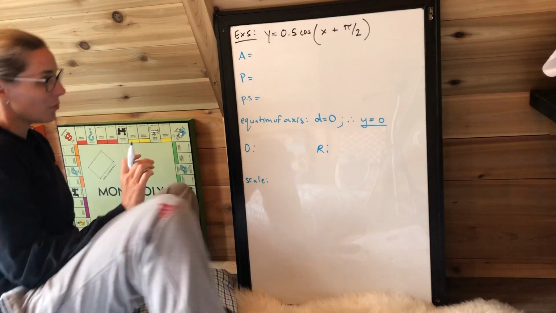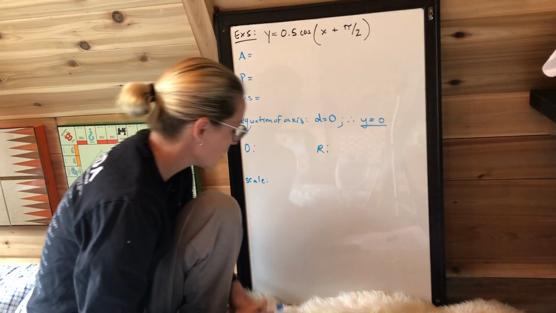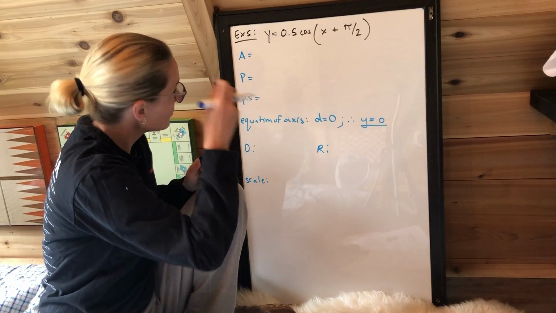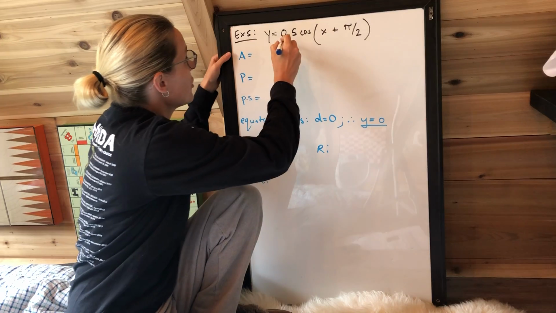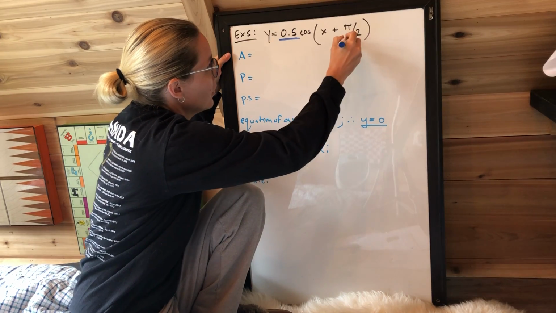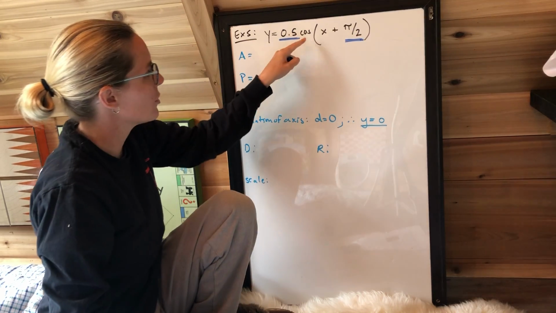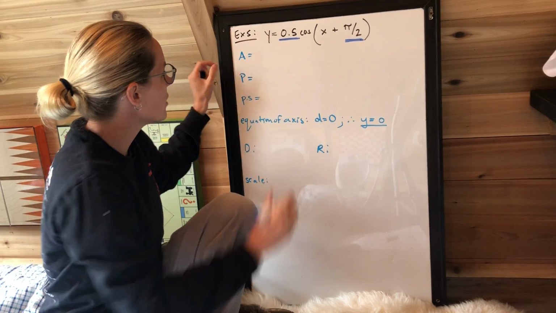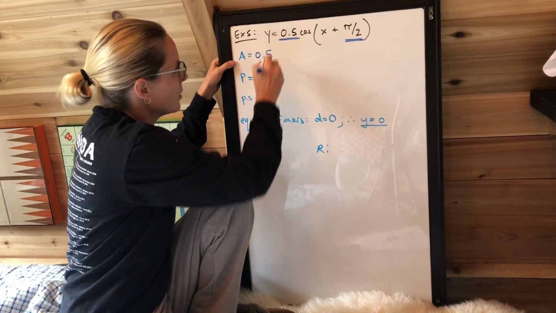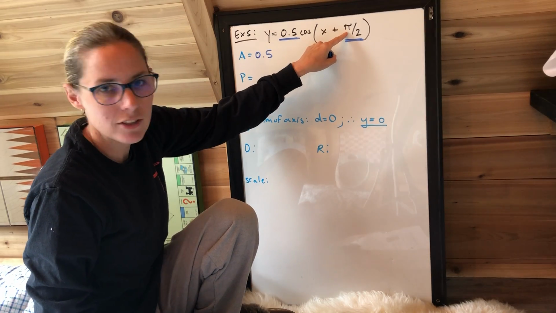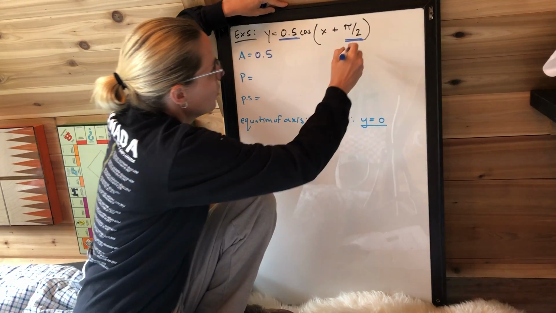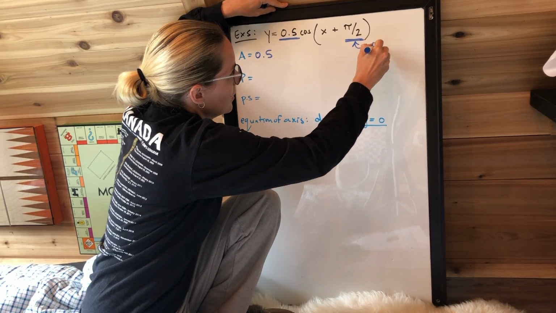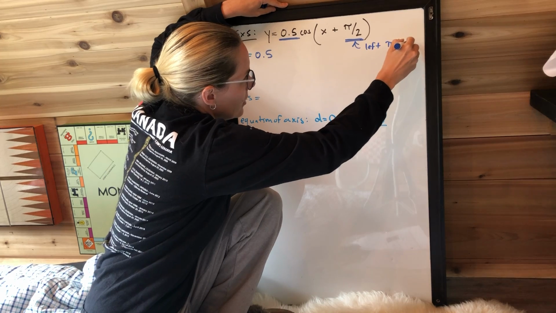This is all stuff that we can tell just based on this formula here. This is not an overly hard question. There are two transformations occurring here. We only have two values that differentiate this from y equals cos x. We have a 0.5 at the front, which happens to be our amplitude, and we have a phase shift of pi over 2. Remember, when you see a positive, it's actually going left pi over 2 radians.